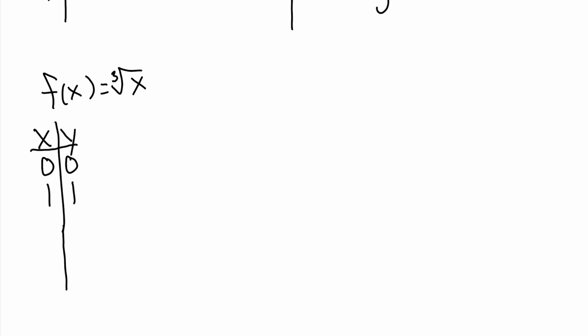And we want to look at perfect cubes. Cube root of 8 is 2, because as we saw before, 2 cubed is 8. We can put negative numbers in here. So when we put in -1, we get out -1, because we can take the cube root of negative numbers fine, and same with any odd root. So the cube root of -8 is -2.